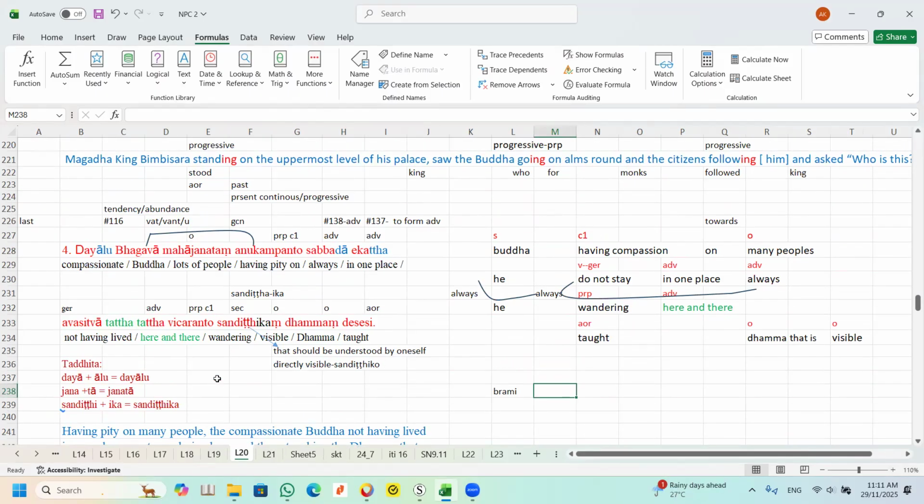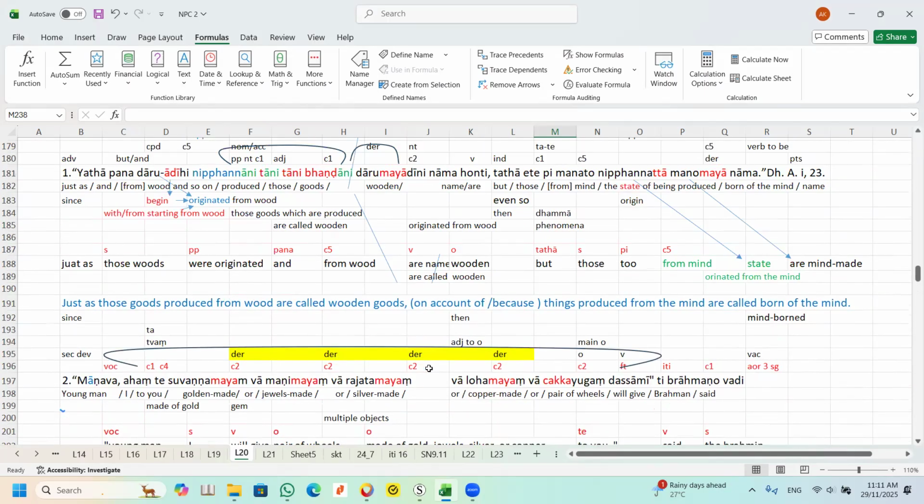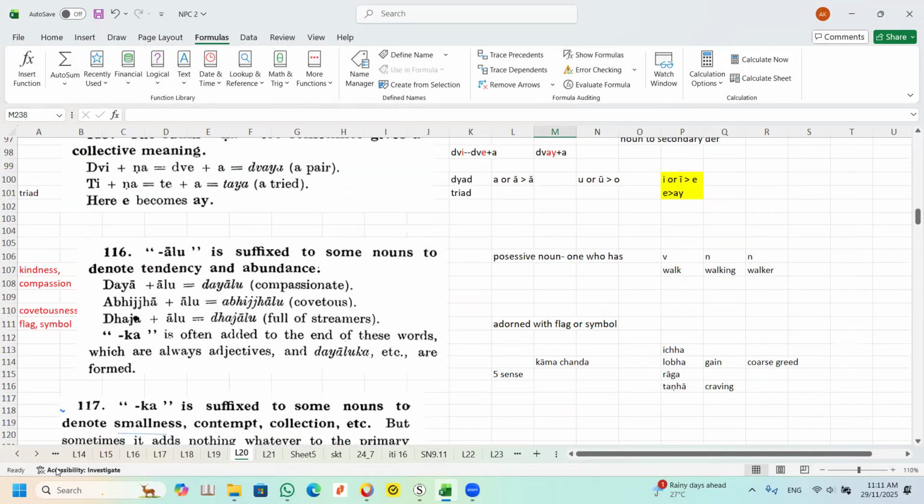What you do is you refer to the hash, meaning the numbering, number 116. You can find 116. If you go back to your notes, this is 117 and this is 116. Understand? So when I say 116, alu, you want to refer back to your notes to see that alu comes from this section.